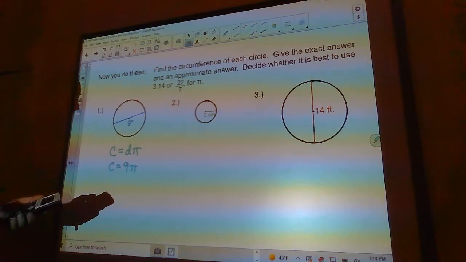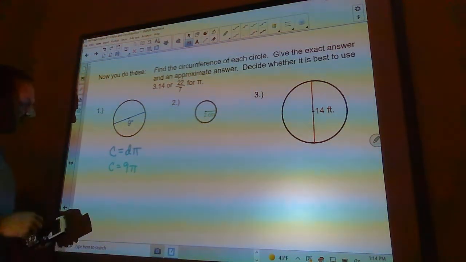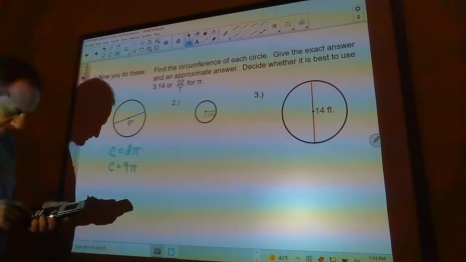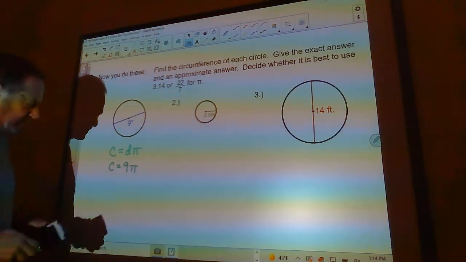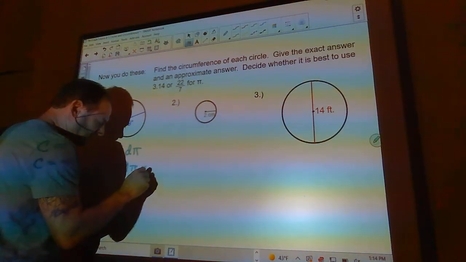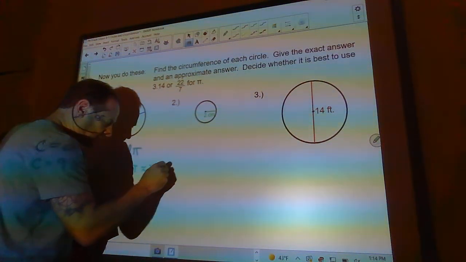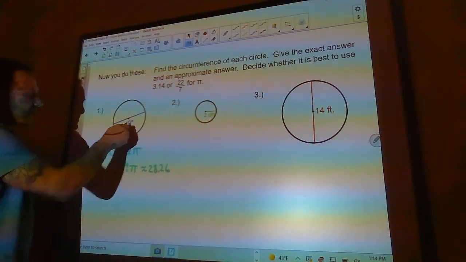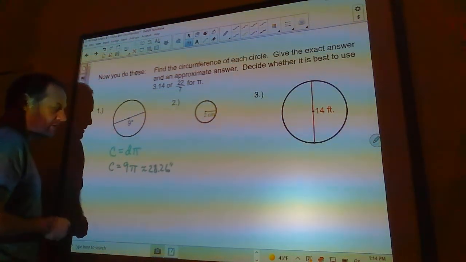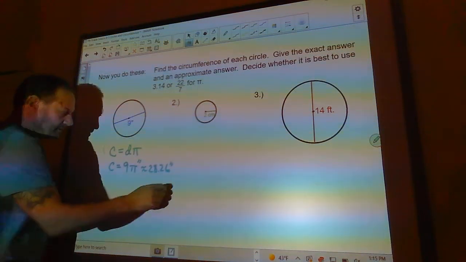This one, probably best to use 3.14 for pi. So 9 times 3.14 is 28.26. That is my approximate answer, and this is in inches, so I'll go ahead and put inches on those.